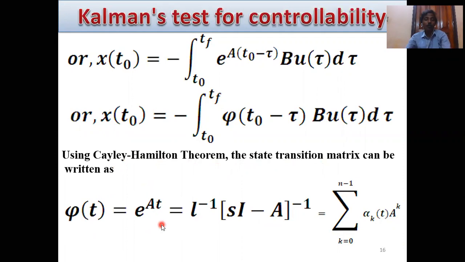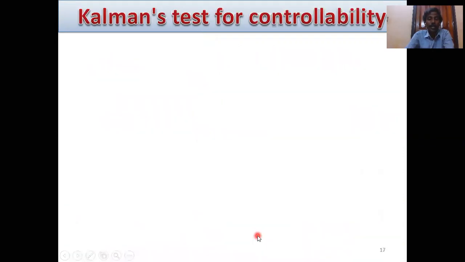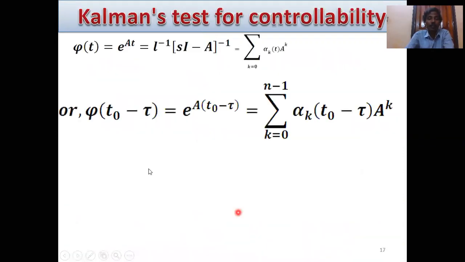This is the very important formula, where alpha_k(t) is a scalar function of t. Then putting in the value phi(T0-τ), we get e^(A(T0-τ)) equals the summation for k = 0 to n-1 of alpha_k(T0-τ) A^k.